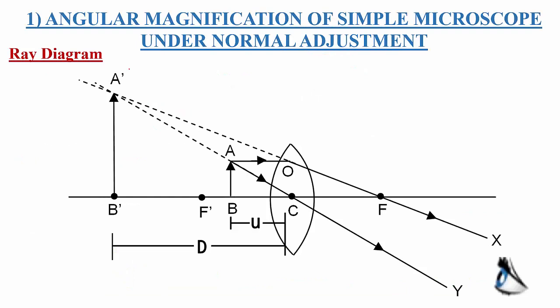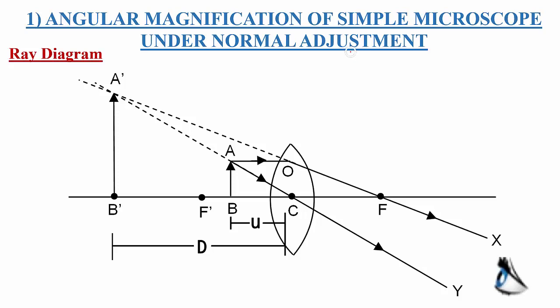Now, angular magnification of a simple microscope. See here, there are two cases. In the first case, I am going to derive the magnifying power of a simple microscope under normal adjustment, where the image is formed at the least distance, meaning up to 25 centimeter, where the eye can see objects clearly.